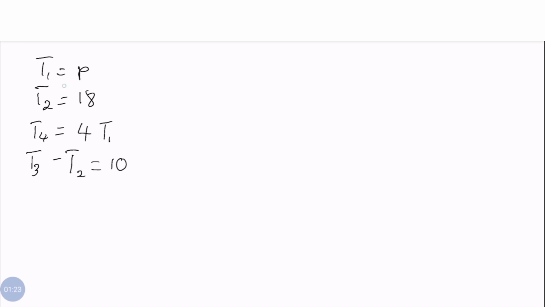So what we know is that T1, which is the first term, is P, and T2, which is term number 2, is 18, and T3, we're not told about T3. So this is T1, this is T2, and this is supposed to be T3, and we're supposed to have term number 4 here as well, but we don't know them.